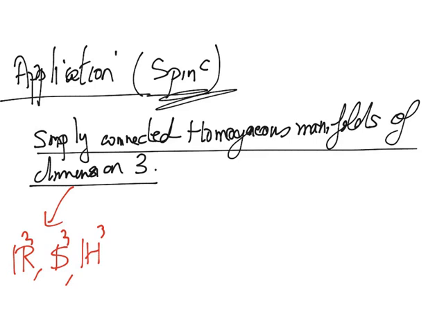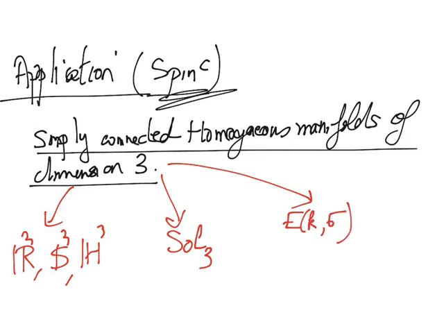We have the solvable group SOL. And the last part of the classification are those denoted by E(kappa, tau). So what are these E(kappa, tau), and what are kappa and tau?